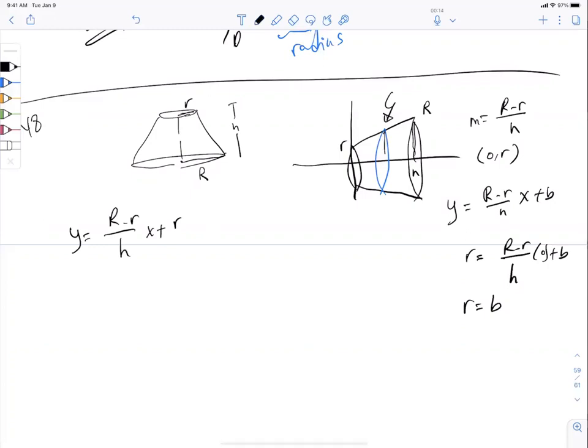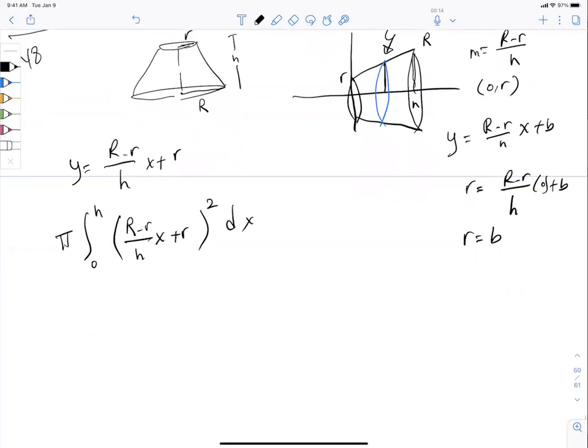That gives you the radii at each place. So the integral of pi times the equation of the line, (R minus r over h) x plus r, squared, dx.